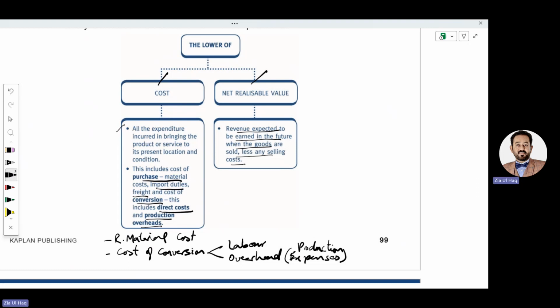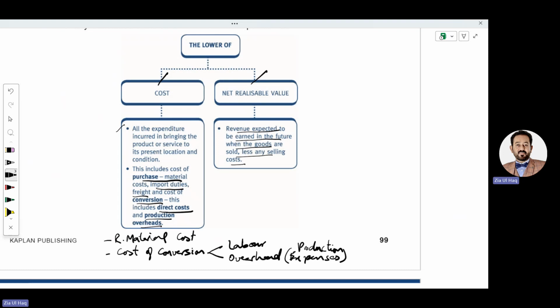Because sometimes some types of products you cannot sell directly. You have to sell through an agent, especially food items, the crops that you have produced. You cannot sell directly to the customer. You should sell through an agent, and the agent will charge a commission.